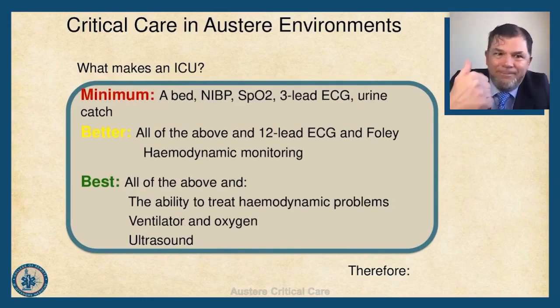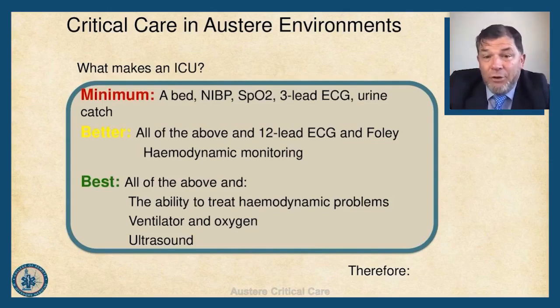That's a bed. You need your blood pressure, you need your SpO2, you need your 3-lead, you need to be able to catch urine. So you don't need a Foley. Foley is the best option, but you need to check urine output, and you can do it just by catching urine. Make sure that you measure all the urine that's coming out of him or her. You can do it just by catching.